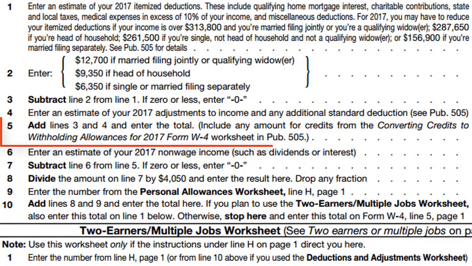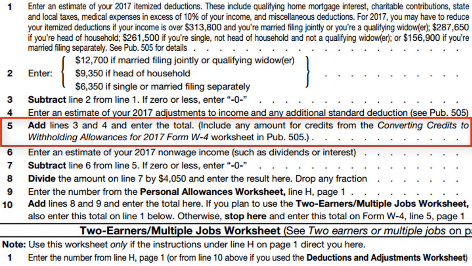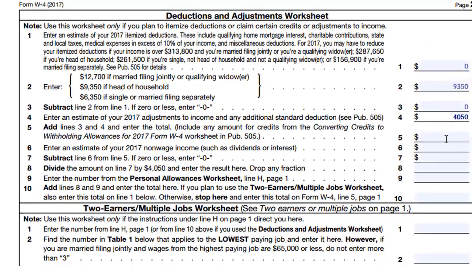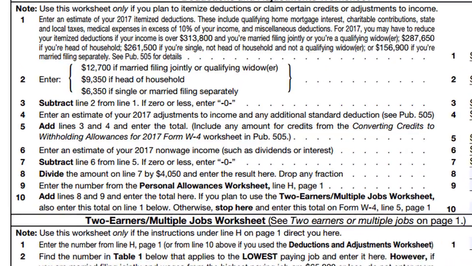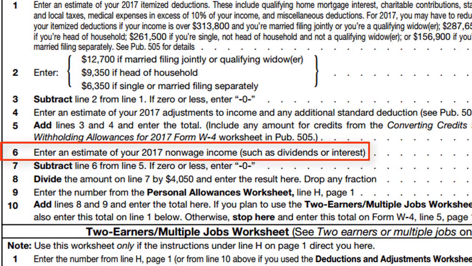Line 5. Add lines 3 and 4 and enter the total. 0 plus 4,050 equals 4,050. Susan enters 4,050. Line 6. Enter an estimate of your 2017 non-wage income, such as dividends or interest.